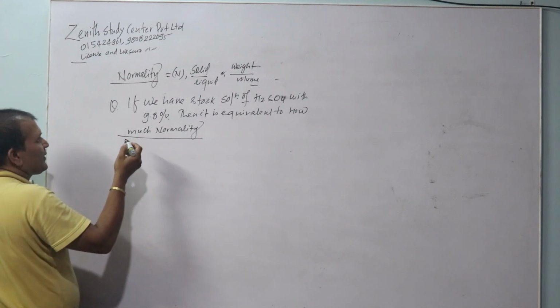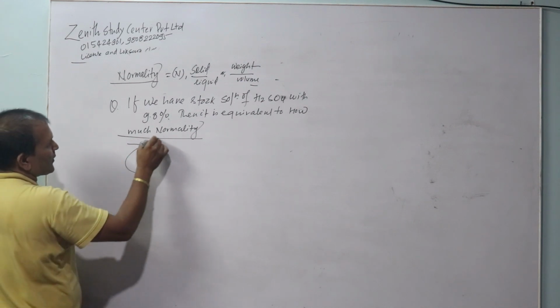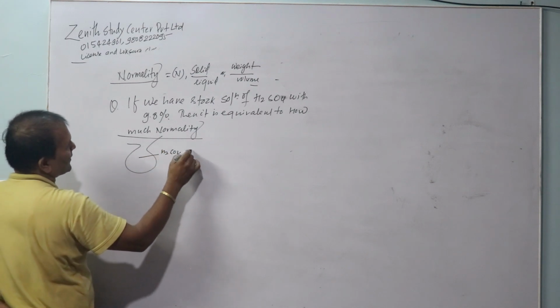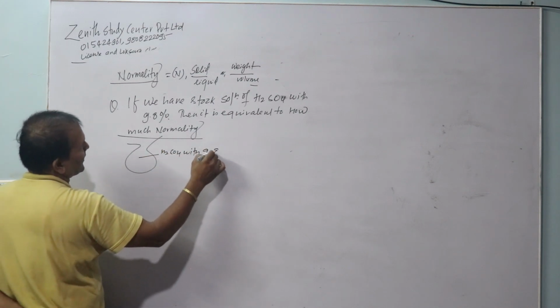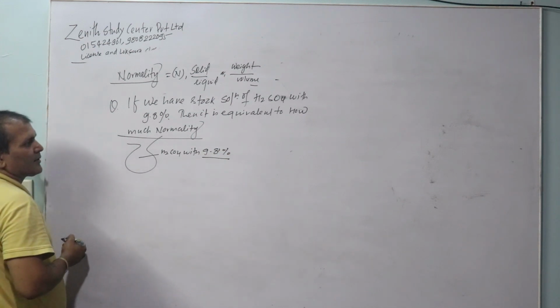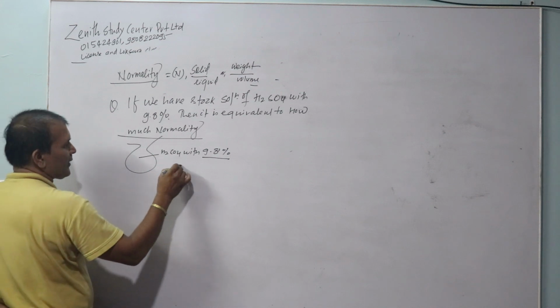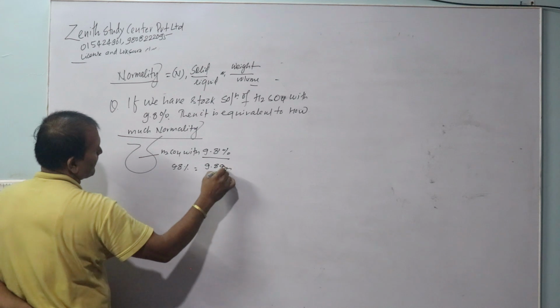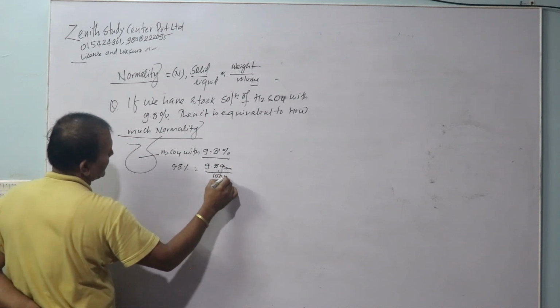So easy here. The question gave H2SO4 with 9.8%. So what is the meaning of 9.8%? 9.8% means 9.8 gram per 100 ml.